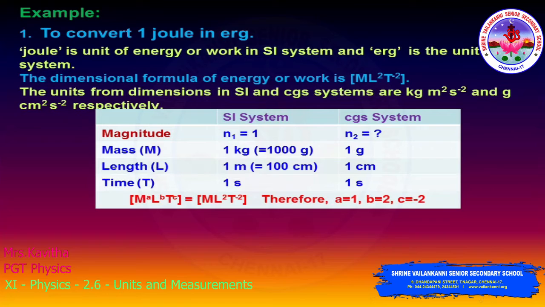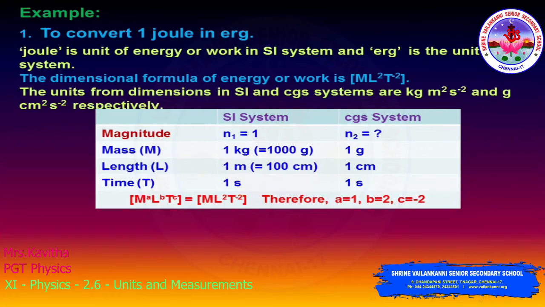For mass, in the SI unit M1 is 1 kilogram or 1000 gram, and M2 is 1 gram. For length, L1 in the SI system is 1 meter, or 100 centimeter, and L2 is 1 centimeter.